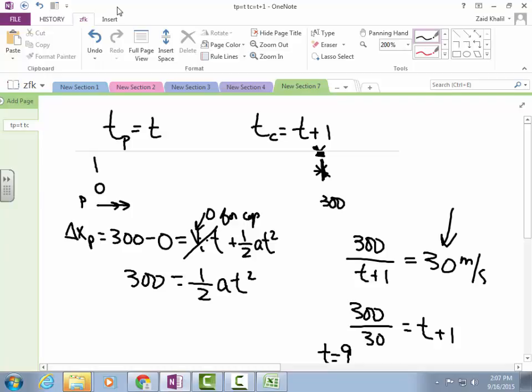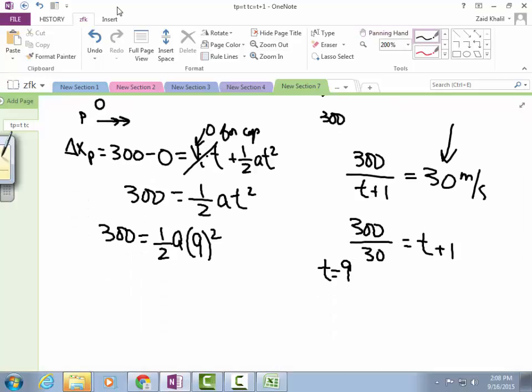And so since t equals 9, what can we do? Plug that in for t and solve for a. So we have 300 equals 1/2 a times 9 squared. So what I did here is pretty subtle.